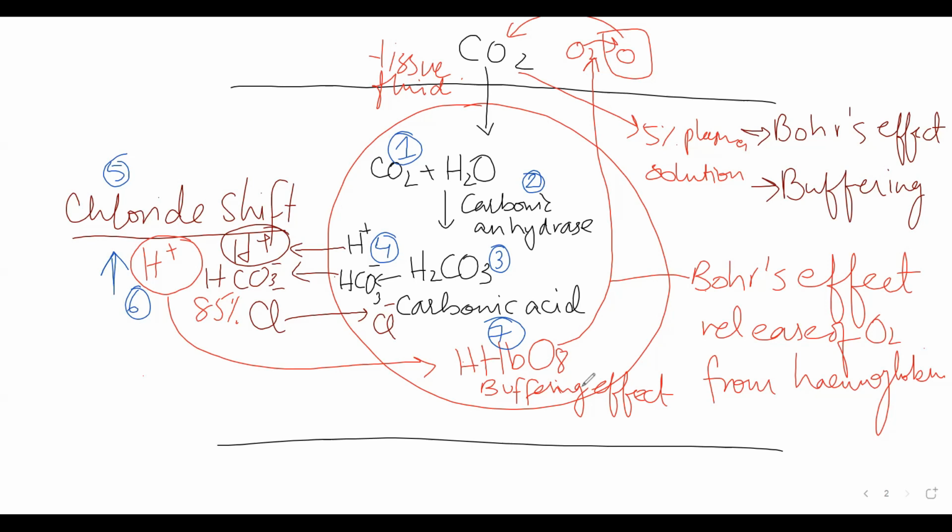So, these oxygen molecules will move into the tissue fluid and then into the cells, right? And then hemoglobin will bind to the hydrogen ions. And this basically helps in neutralizing the pH, or you can say here the hemoglobin is acting as a buffer. And this effect is called the buffering effect.